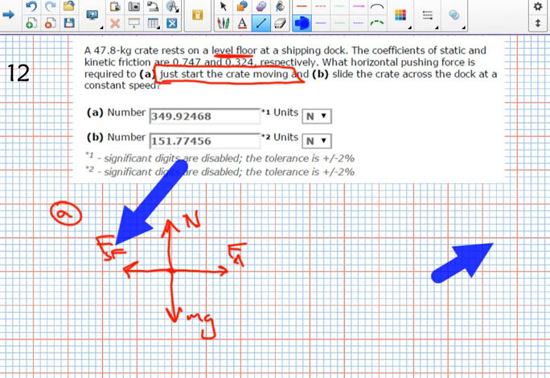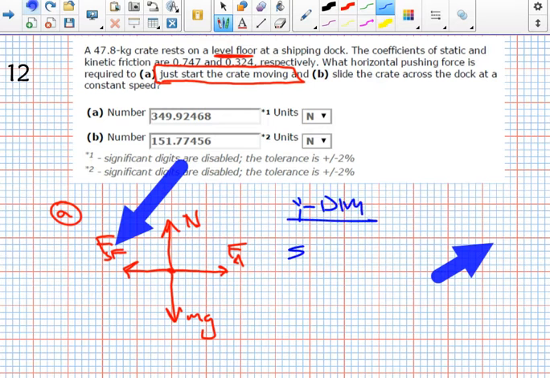And in this case, we got enough to do it, because we can tell just by the situation that in the y dimension, the net force is 0. It's equal to the normal force minus mg.